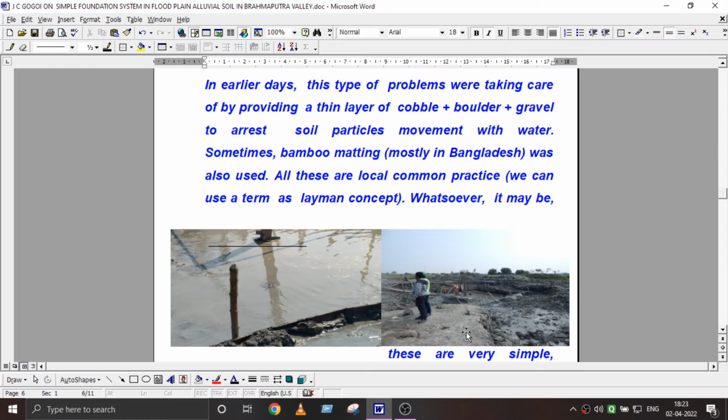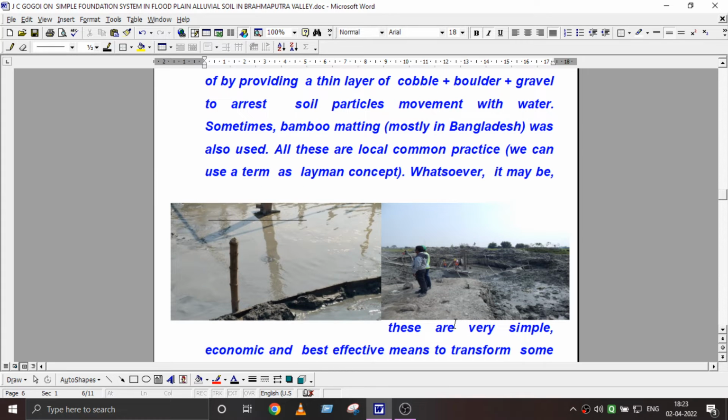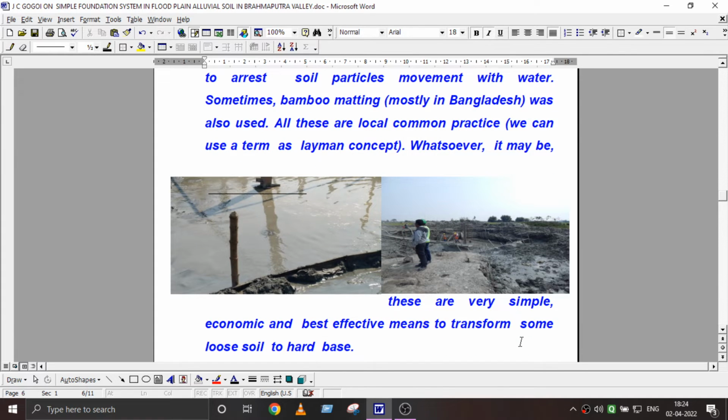That is a completely loose formation. I am standing here observing this point and this point. Whatsoever it may be, these are very simple and economic.